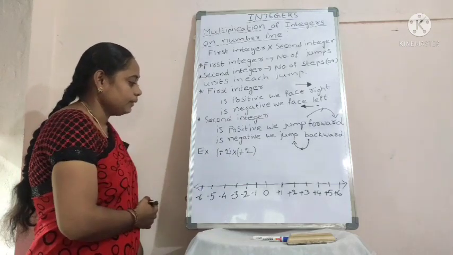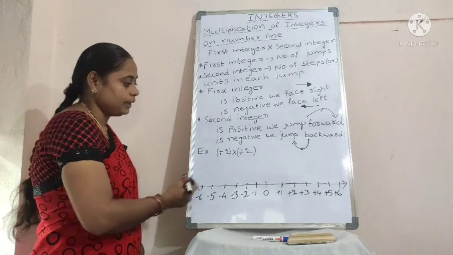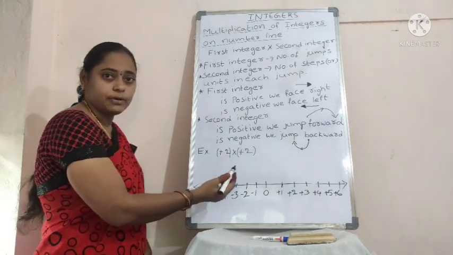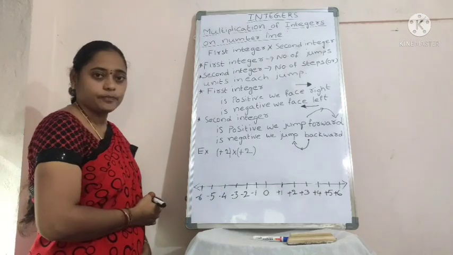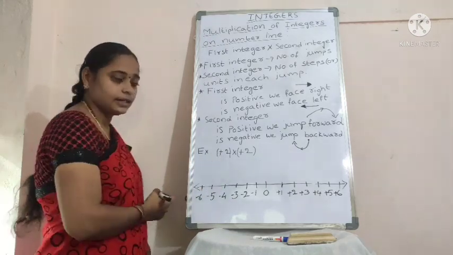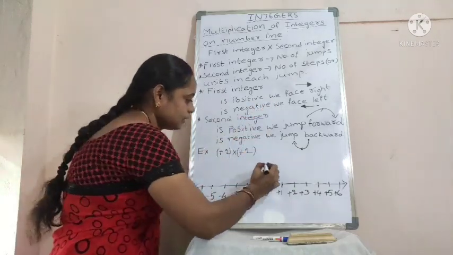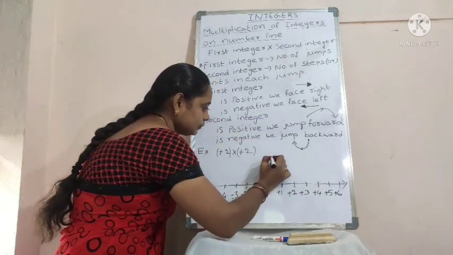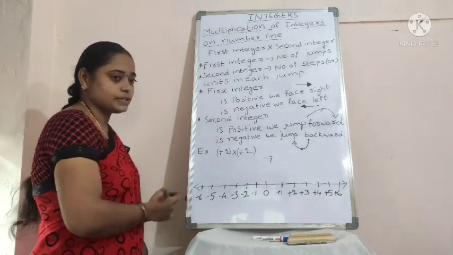Consider an example. Plus 2 into plus 2. Multiplication of two positive integers. Here first integer is positive. For positive integer, we face towards right, like this. Second integer also positive.